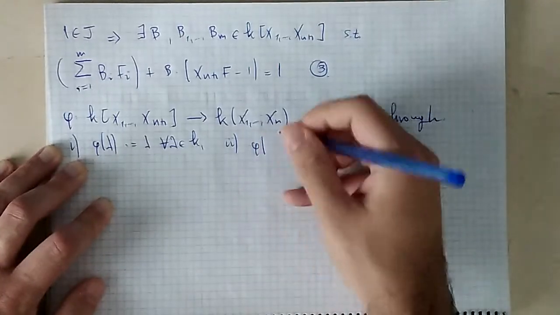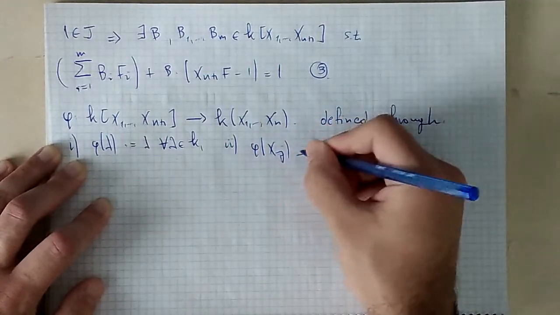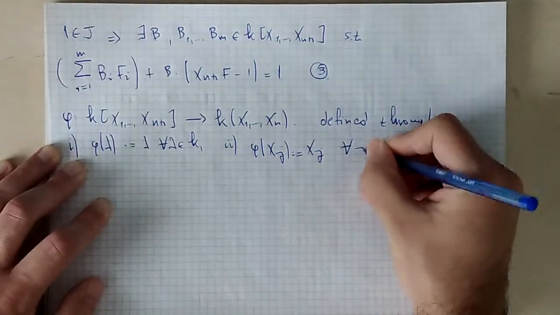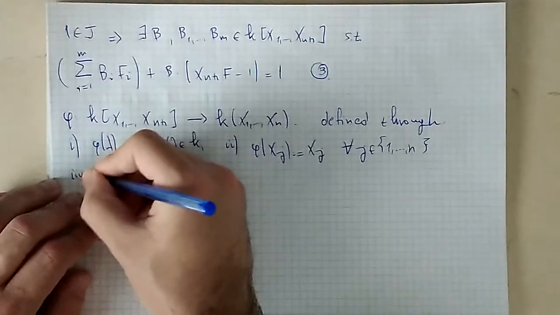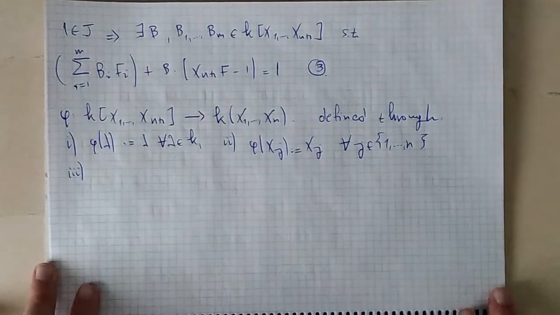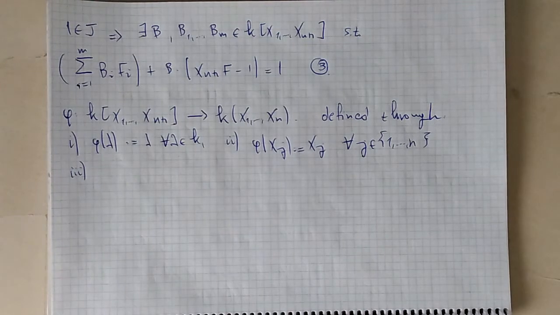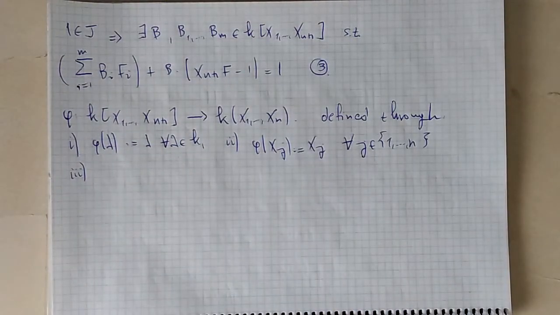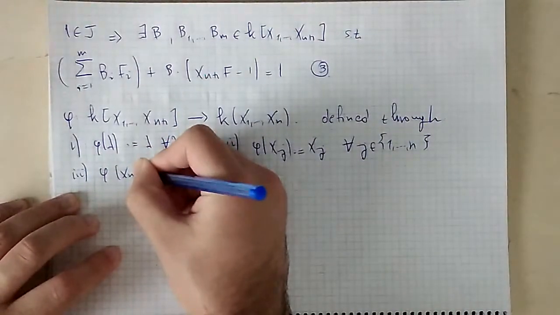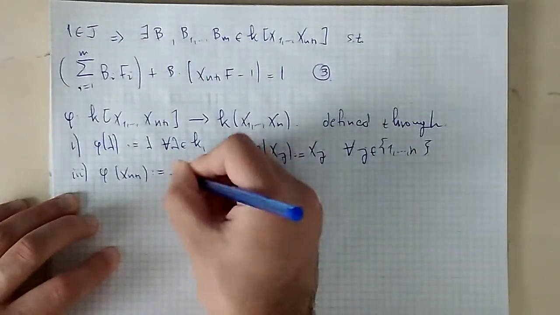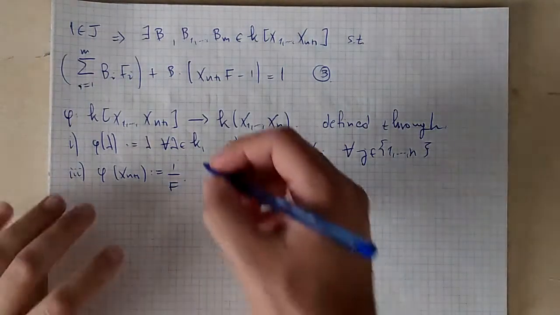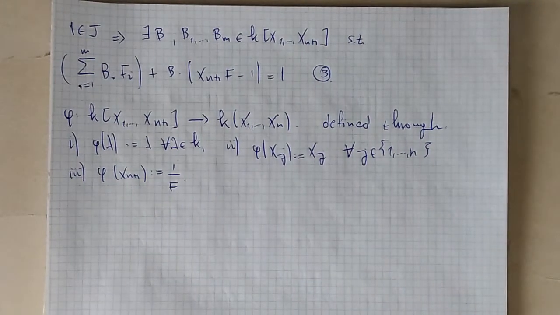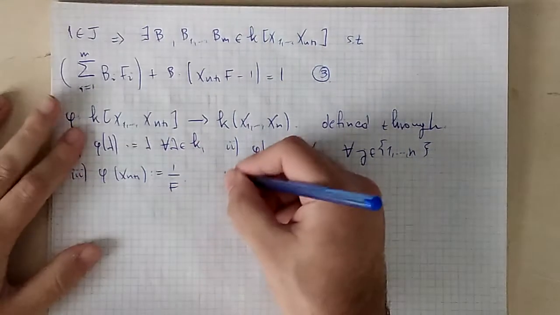I'm also sending the first n variables to themselves. But now the last step is to send the last variable xn+1 to 1 over f. Right?